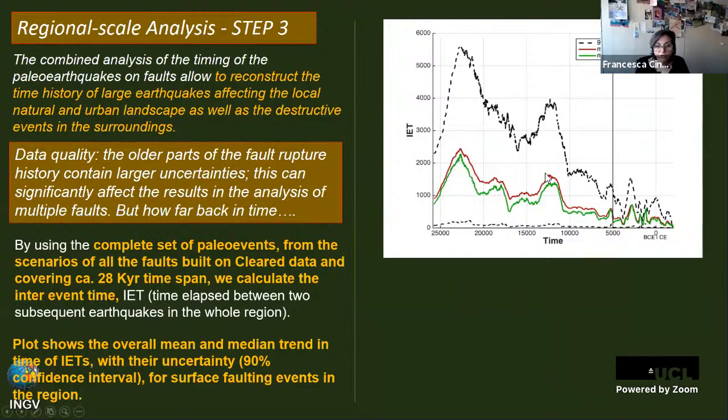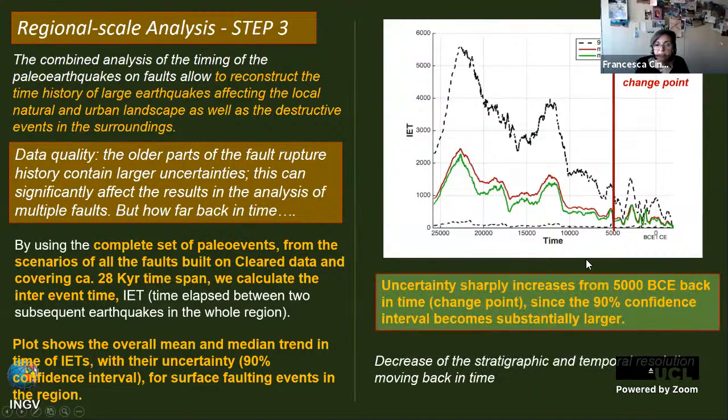So the plot shows the overall mean and median trend in time of the inter-events with their uncertainty, for surface faulting events in the region. So what we can say is that uncertainty sharply increases starting from 5,000 BCE back in time, since the 90% confidence interval becomes substantially larger.